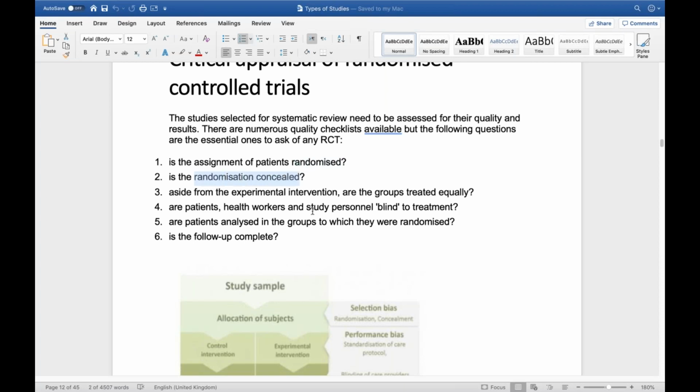Some people, for example, can say, okay, this patient looks like he will follow the instructions, so shall I randomize him to the experimental group if I'm biased toward the experimental group? So randomization should be concealed and you shouldn't have any control over the randomization yourself.